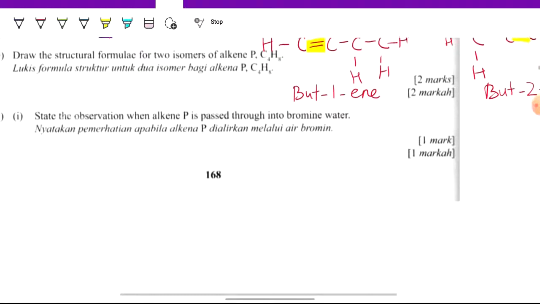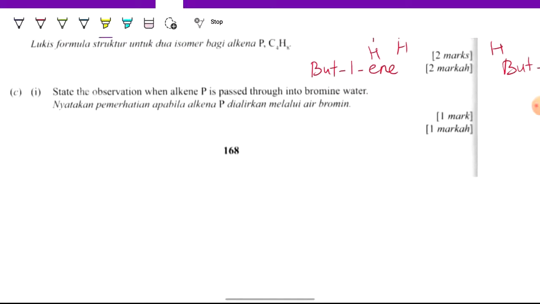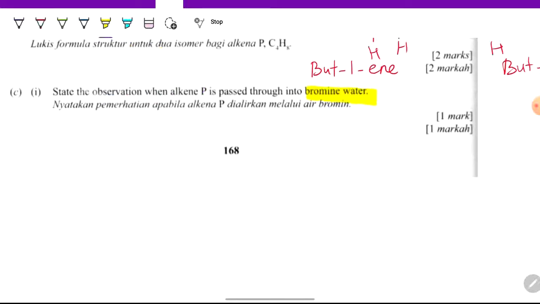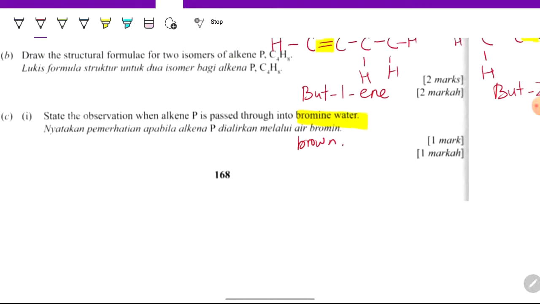Okay. Next, state the observation when the alkene P is passed into bromine water. So bromine water initially is brown in color, right? Okay. So for the alkene, it can undergo the addition reaction. So meaning that the bromine water is decolorized, because it undergoes the addition reaction to react with the alkene.